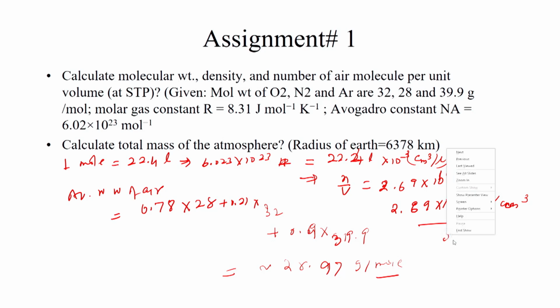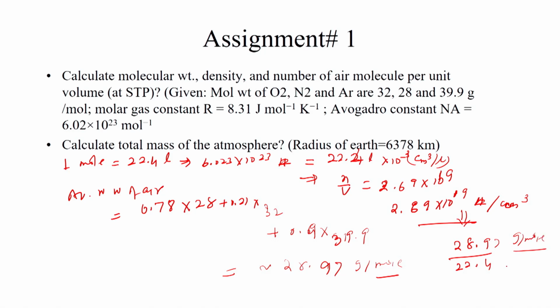So you write 28.97 divided by 22.4, with units of gram per mole and liter per mole. This will give a density of about 1.29 gram per liter. Just see how easily we can calculate the density.